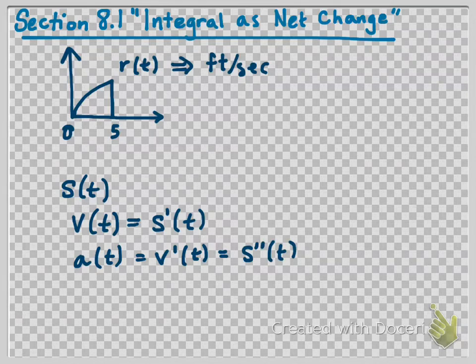Now, when I ask you what you know from this picture, you've talked about velocity, you've talked about acceleration. What have you not talked about? Position. Okay? So, talk to me about where she was versus where she ended. We moved that distance.